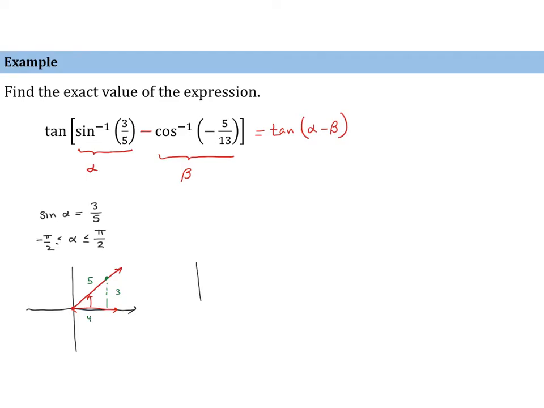Now, let's do the same thing for beta. We know that cosine of beta equals negative 5/13, and this time, because we're dealing with the range of arc cosine, beta must be between 0 and pi. Since cosine of beta is negative, beta must be in the second quadrant to be between 0 and pi.